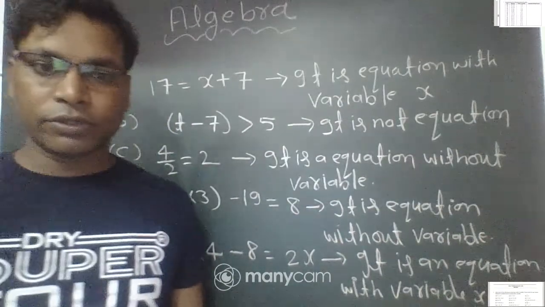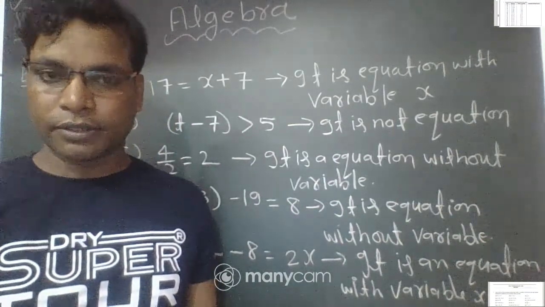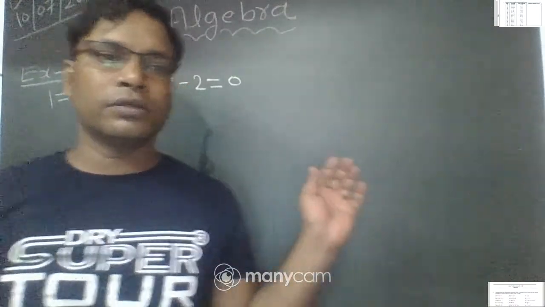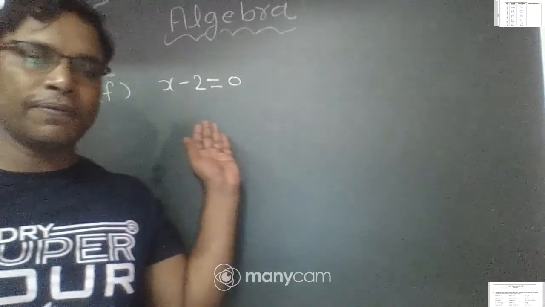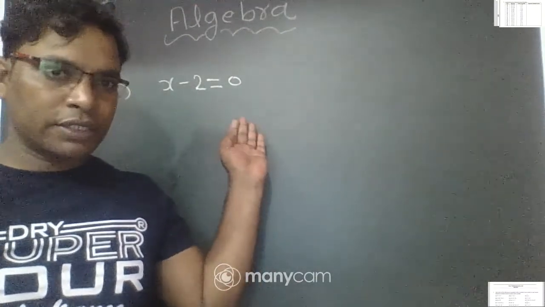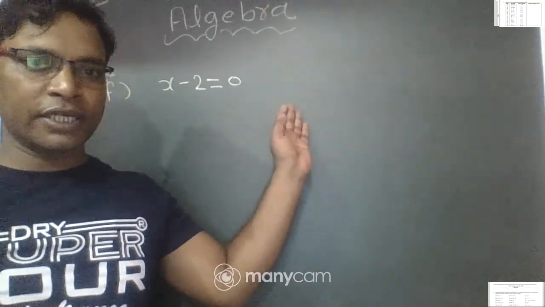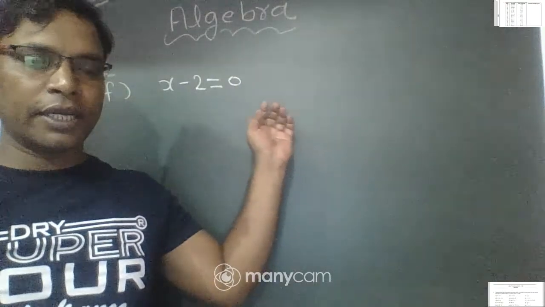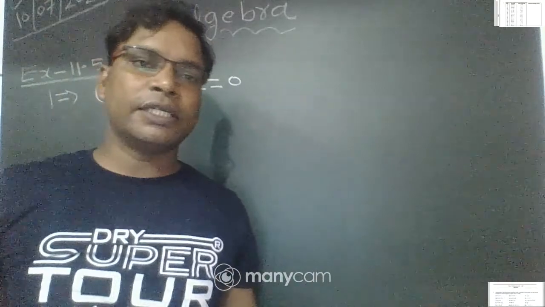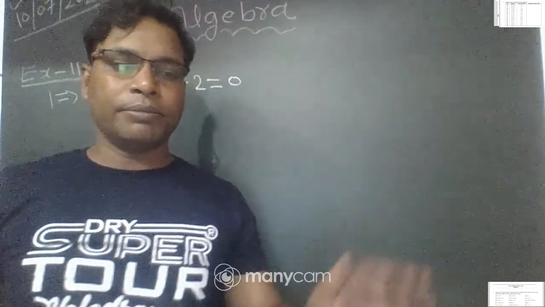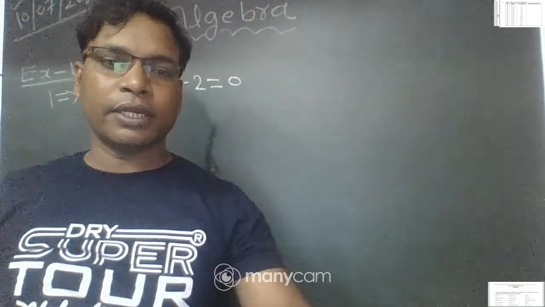F part of the question. So student, this is the F part. x minus 2 is equal to 0. So you can see here the left hand side is equal to the right hand side, and the variable is x. So you can say it is an equation with variable x.